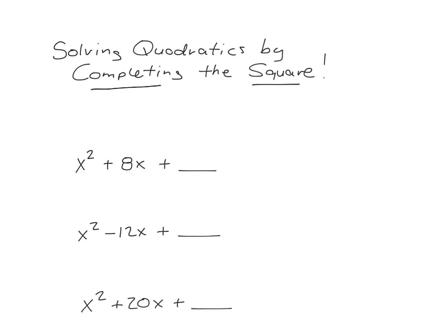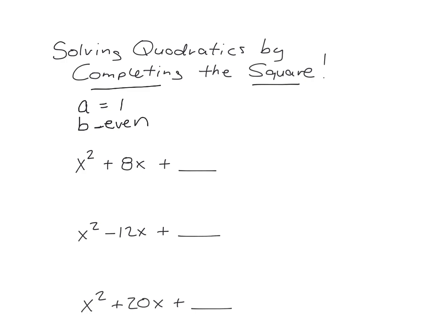Now, you can always use this method, but we are only going to use this method when a equals 1 and when b is even. Why? Because it's much easier when that's the case.